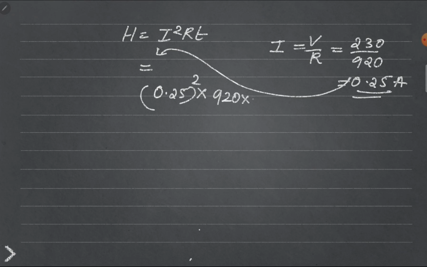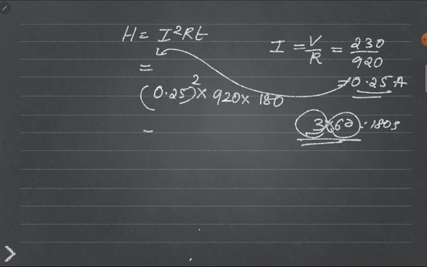Time of flow is given as 3 minutes, so we need to convert it into seconds, right? 3 into 60, that is 180 seconds. 920 into 180. The answer is 10350 joule.